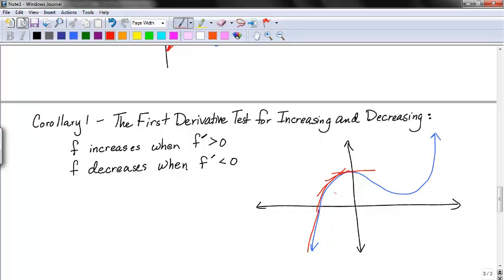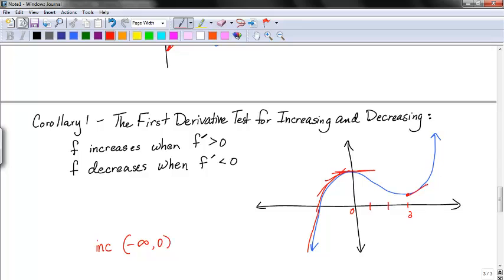So if I said this graph is increasing, it increases from negative infinity to 0, where that x value is 0, it's down here. And then it also increases if I said, let's let this be x value of 3.